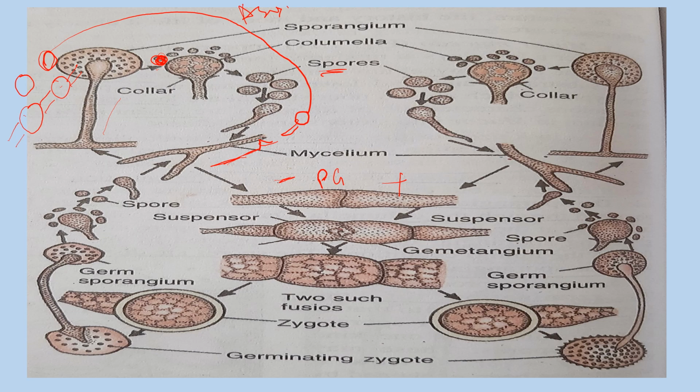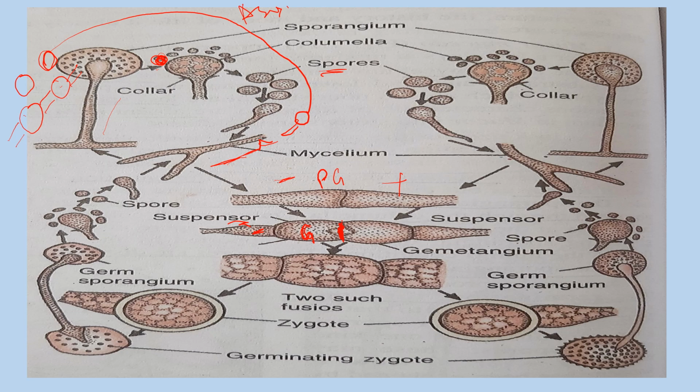Then progametangia form the gametangia, and this is the suspensor cell, this is the gametangia. When these gametangia are mature enough, the wall in contact between the two opposite gametangia dissolves and fusion occurs.